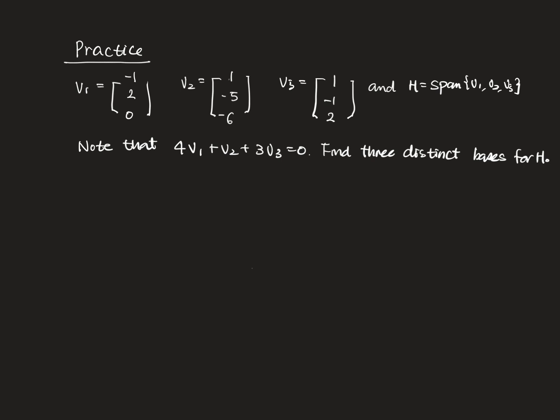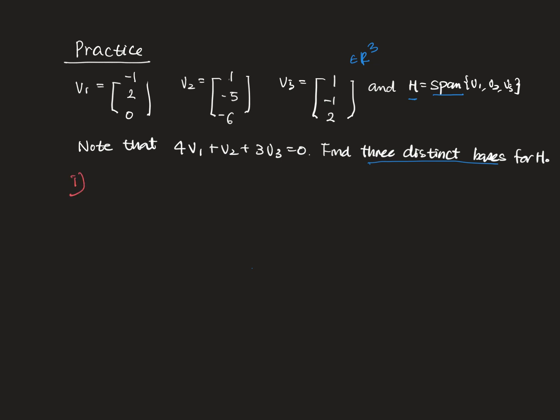V1, V2, V3 are vectors in R3. The span of V1, V2, V3 is H. We want to find three different bases. Depending on the linear combination, we find a different basis for H. Can you do that?